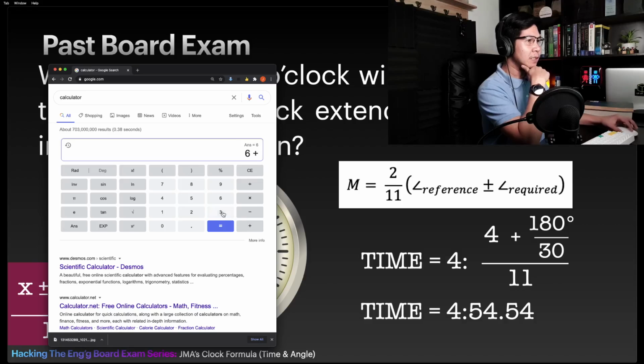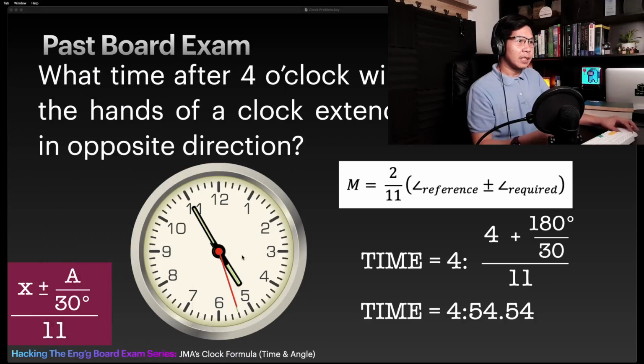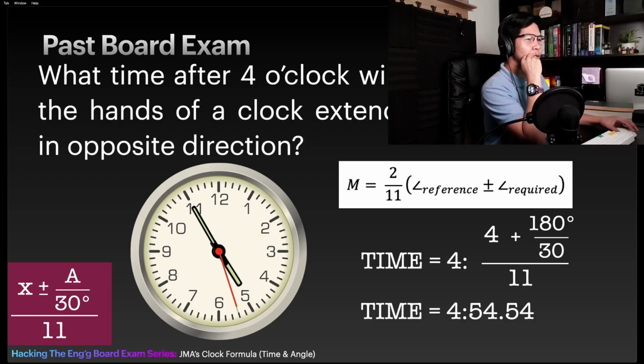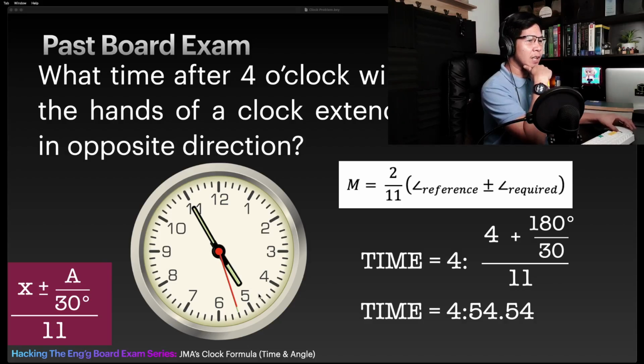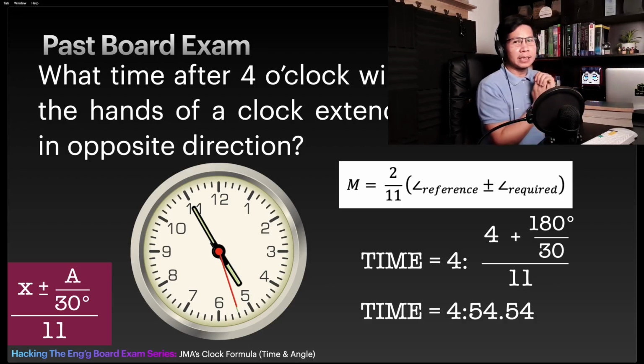So, plus 4, and then divided by 11. But, we need to convert this back to minutes. So, eto ngayon yung minutes equivalent niya. So, the same, 54.54. So, sakto. Yung time na mamimit niya yung condition na yung minute hand is opposite the hour hand is at 4:54.54. So, ginamit natin yung kay Engineer Padilla at yung formulang ginawa ko.